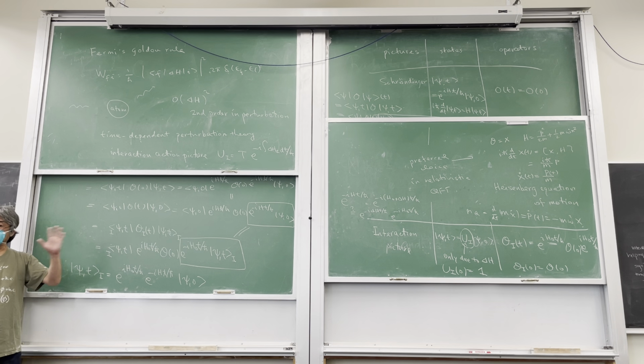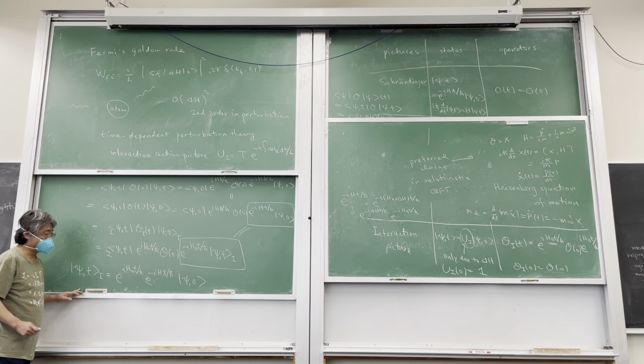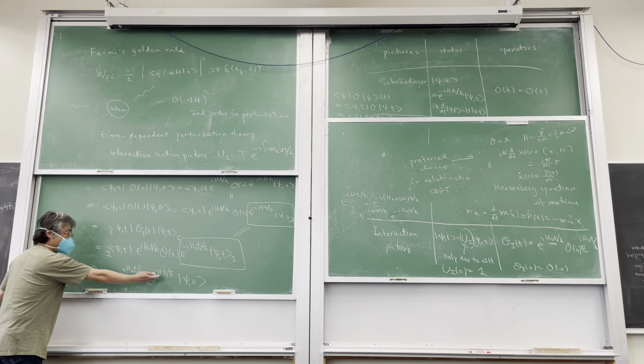But if you pretend that they commute, then you just add exponents. And what you find is that when you add exponents, H minus H naught appears here. That's nothing but the perturbation delta H. So you see that this time evolution is only due to the perturbation of the system. So in some sense, this is trivial. You just multiply them together.